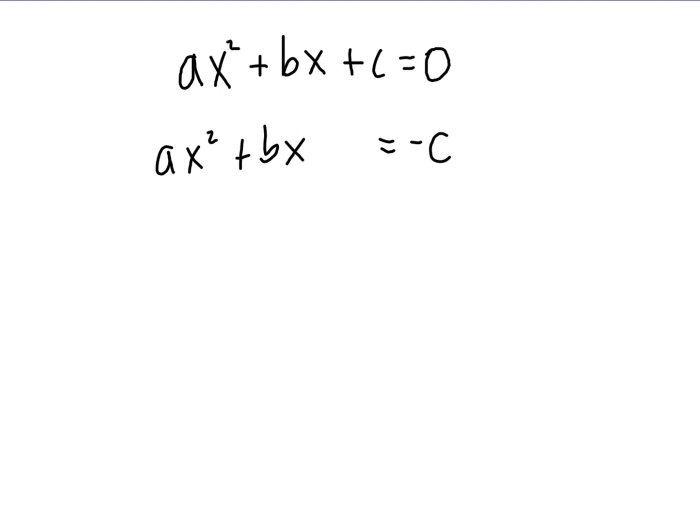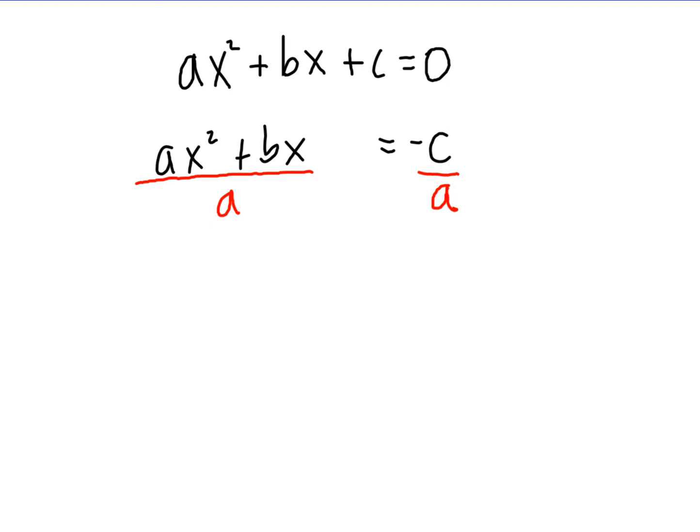Now, when completing the square, this a value has to be 1. So in order to guarantee that this is going to be 1, we need to divide by a, and that's a law of algebra. If I do one thing to one side of an equation, I have to do it to both sides.